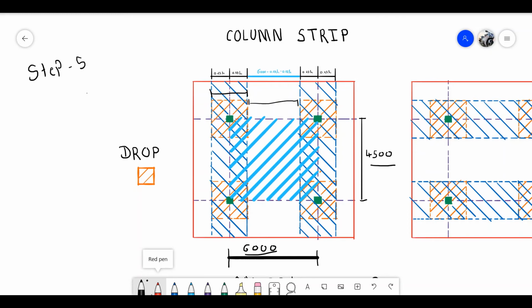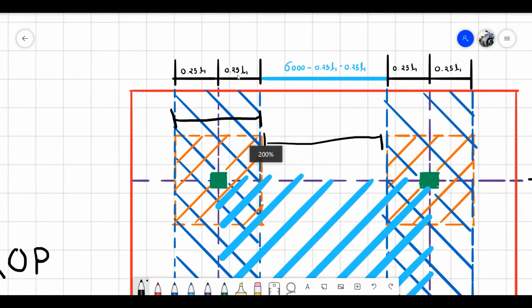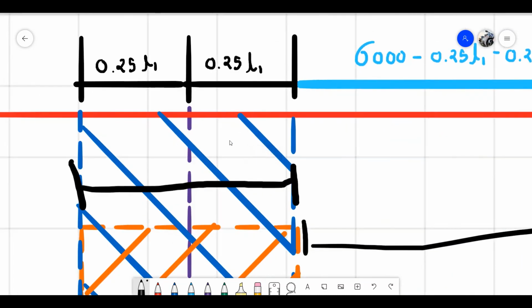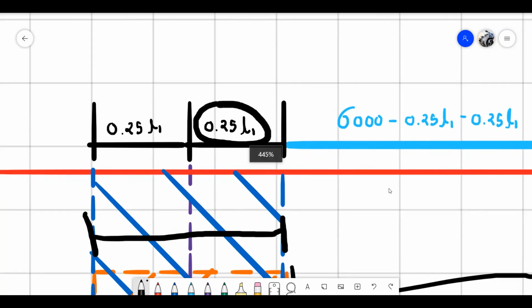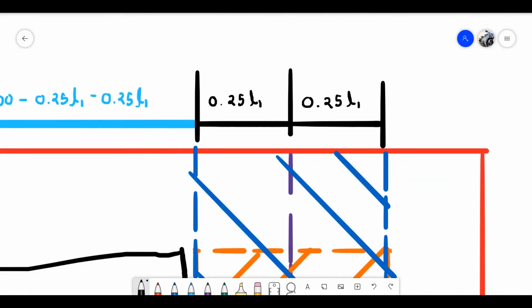Okay, so now there is one condition here. Look here. Here is a column strip. This all is a column strip, and the center one is a middle strip. For the interior panel, 0.25 L1 is only for one side. On the second side we also have 0.25 L1 because we have two column strips here.